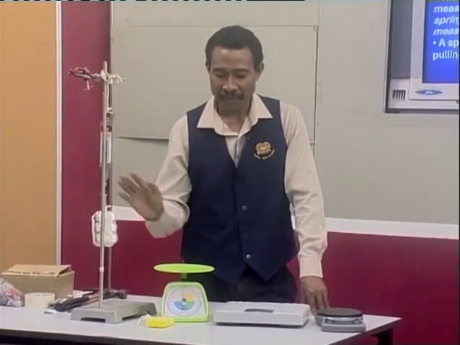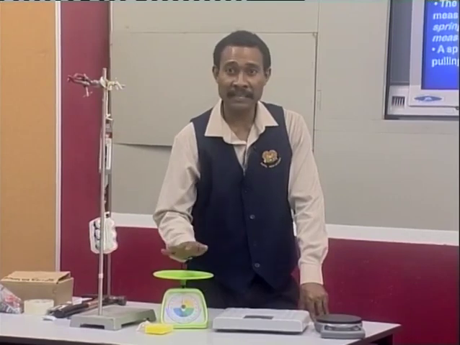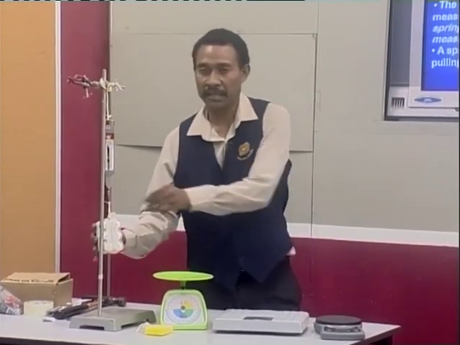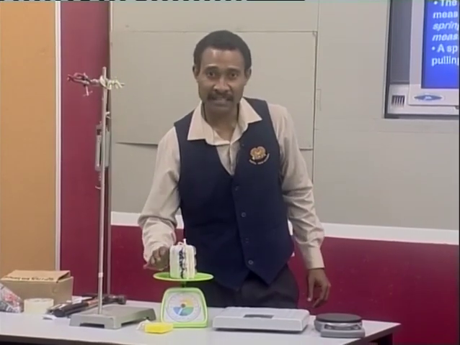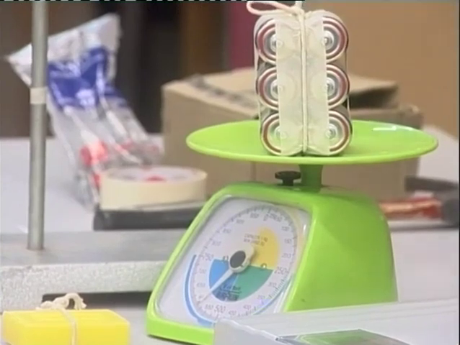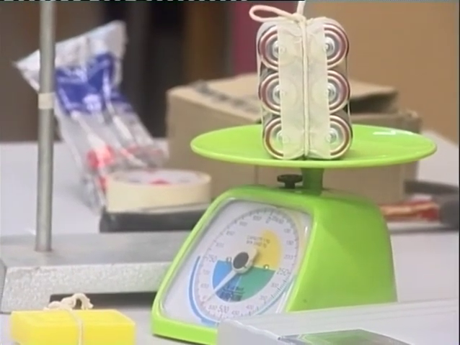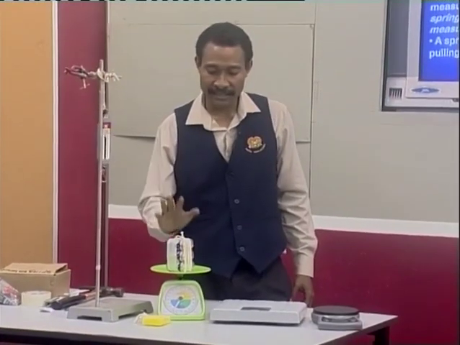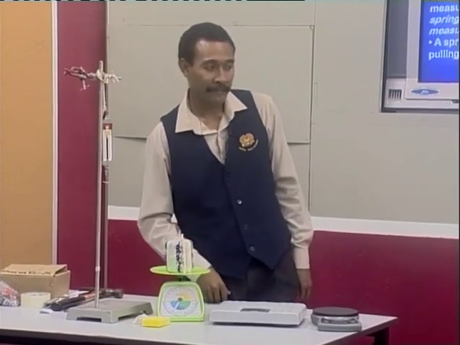What do you think will happen here? There will be a pushing force. So when you put this on, it pushes down the spring. So there are scales that are used for pulling down of an object or pushing. In this case, it's pushing. So these are some of the instruments that can be used to measure force.